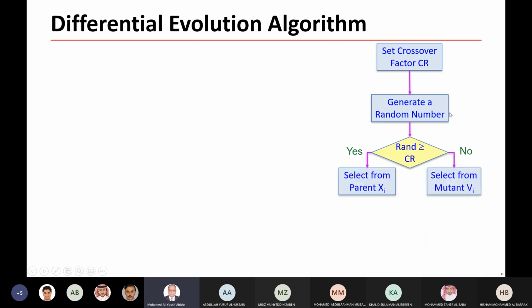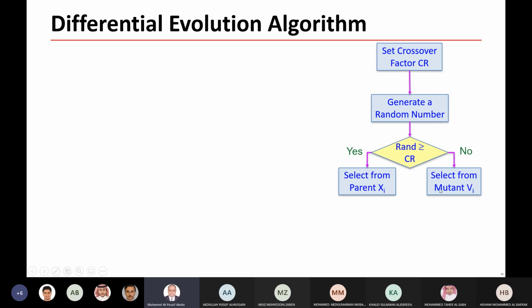For each parameter, you generate a random number. The crossover factor should be set at the beginning of the code. But for each parameter, you create a random number and compare it to the crossover factor, and if it is greater, you select from the parent.